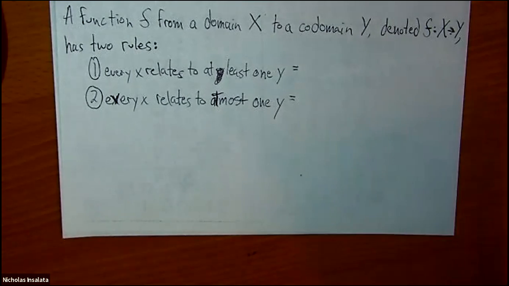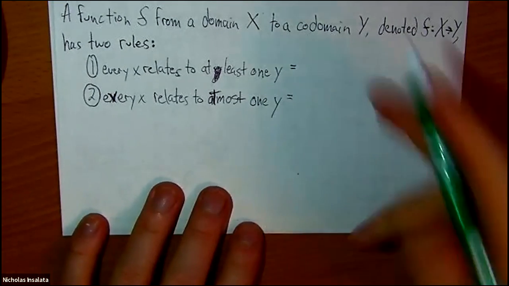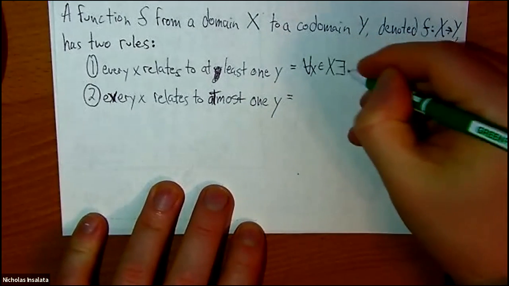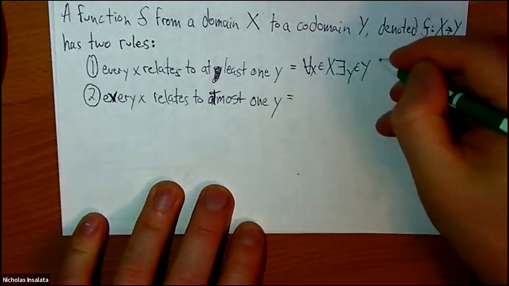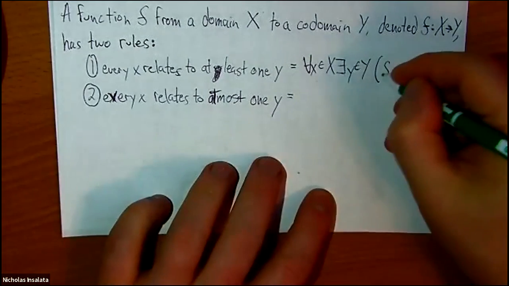Okay, for all x in X, there exists a y in Y. Awesome. Such that what? f of x equals y. Perfect.